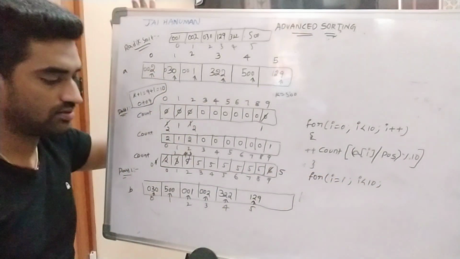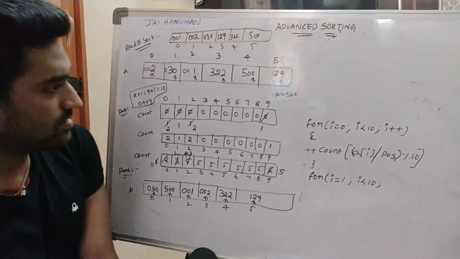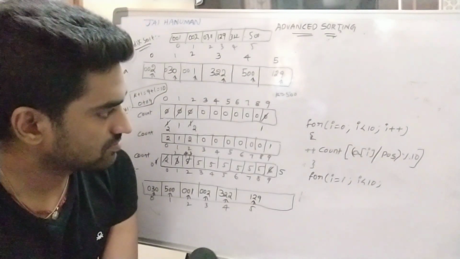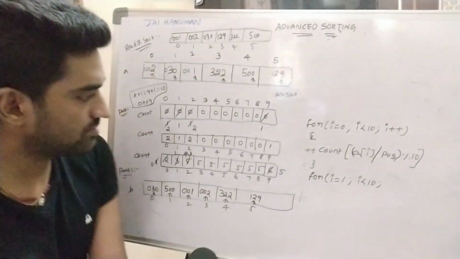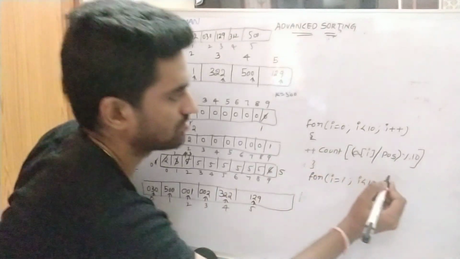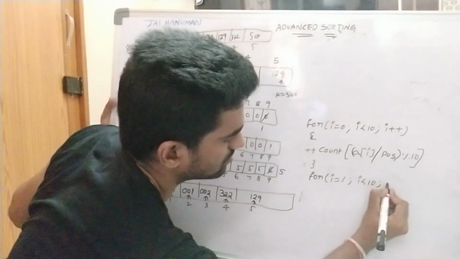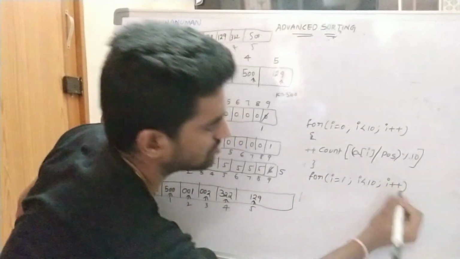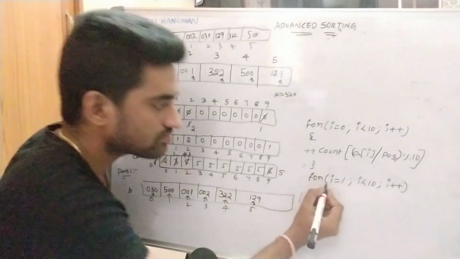I is equal to 1, so I less than 10, I plus plus.